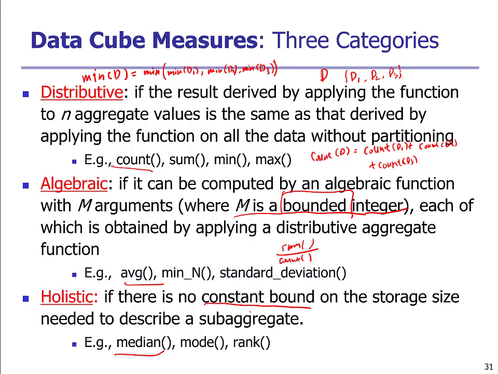For example, for median, we have to have the whole data cube data. Then we can get the median value. That's why it's called holistic.